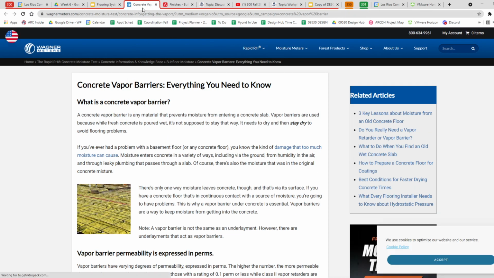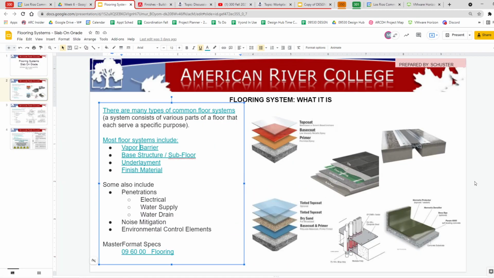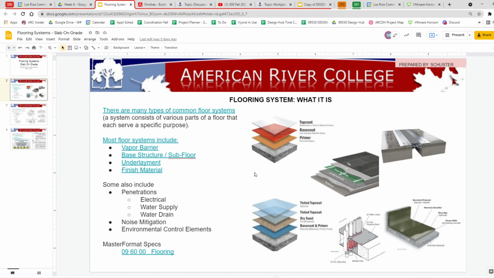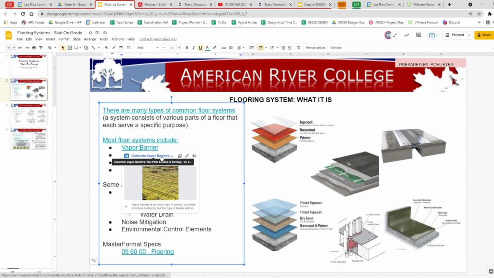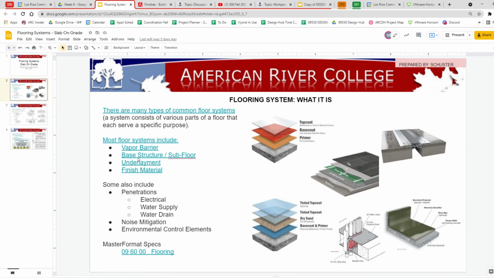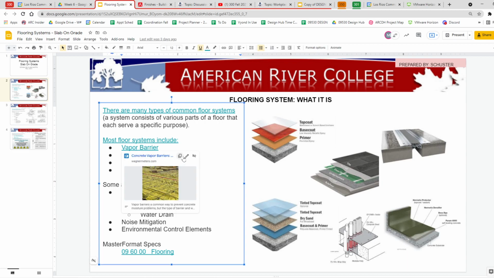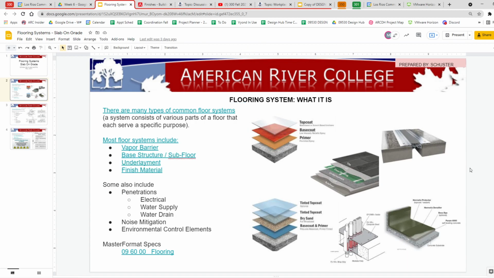So I'm going to be looking now, and I'm making it clear in the lecture that you are to go to these readings and find images based on those, or type in the keyword vapor barrier and find something about that.